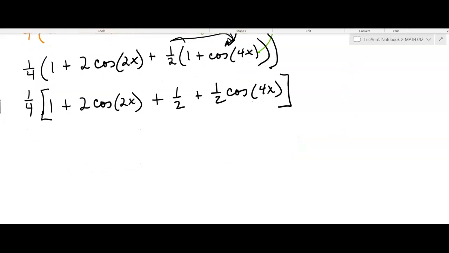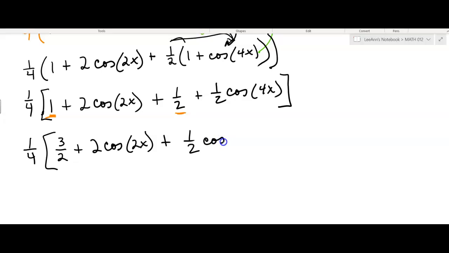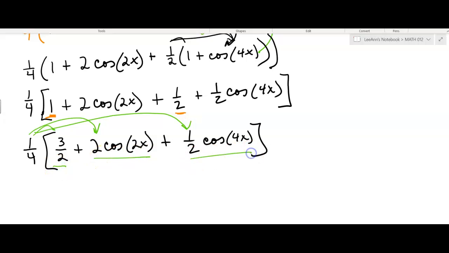We want to combine the 1 and the 1/2. So it'll be 1/4 times 3/2, plus 2 cosine 2x plus 1/2 cosine 4x. And then finally I'm going to distribute this 1/4. So there are three terms, and it's those real number coefficients that we're multiplying by.